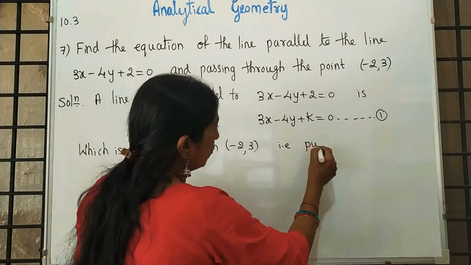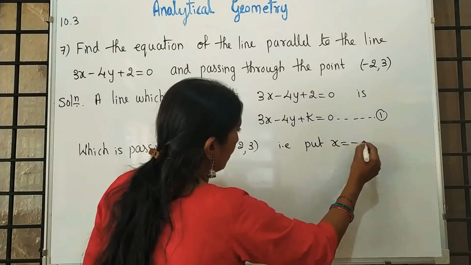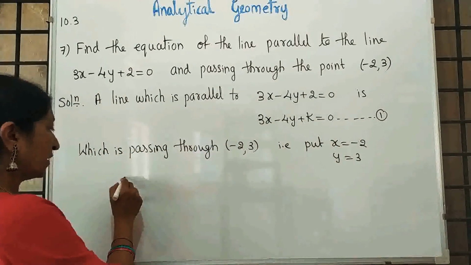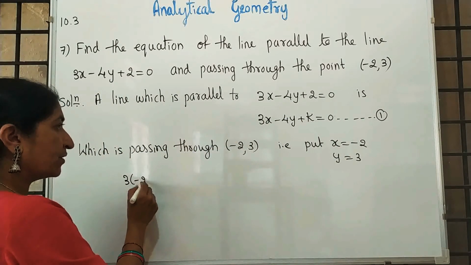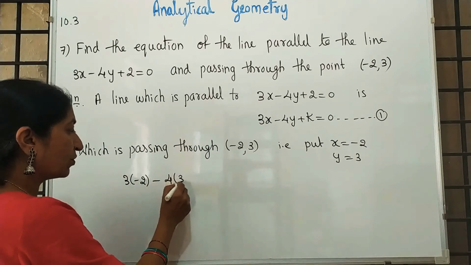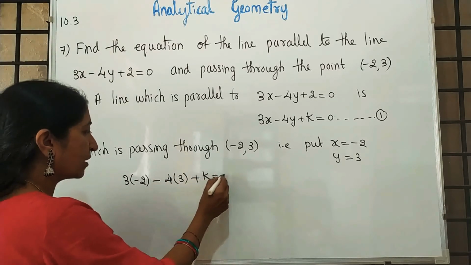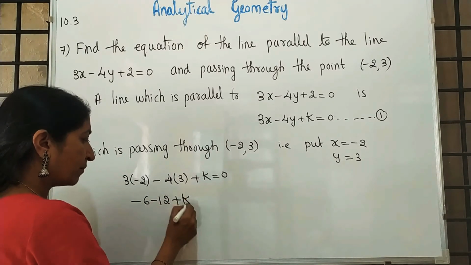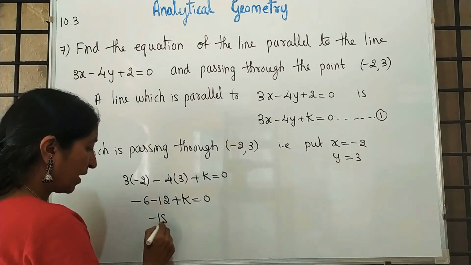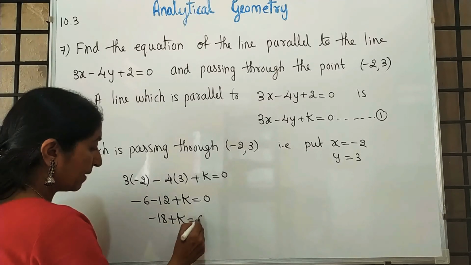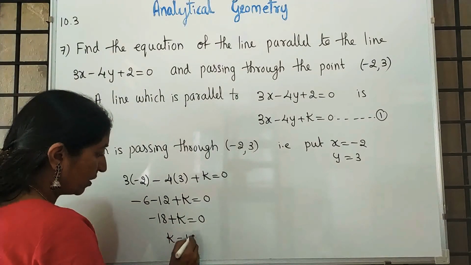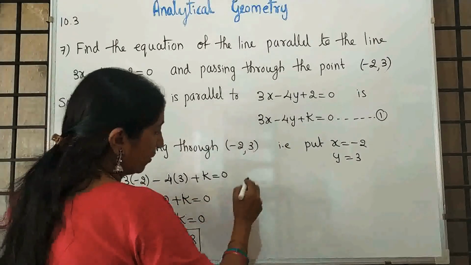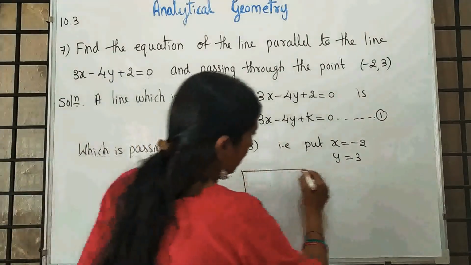Put x is equal to -2, y is equal to 3 in equation 1. 3 into -2 minus 4 into 3 plus k is equal to 0. Minus 6 minus 12 plus k is equal to 0. Minus 18 plus k is equal to 0, that is k is equal to 18. Write down that k value in equation 1, that gives you the required equation.